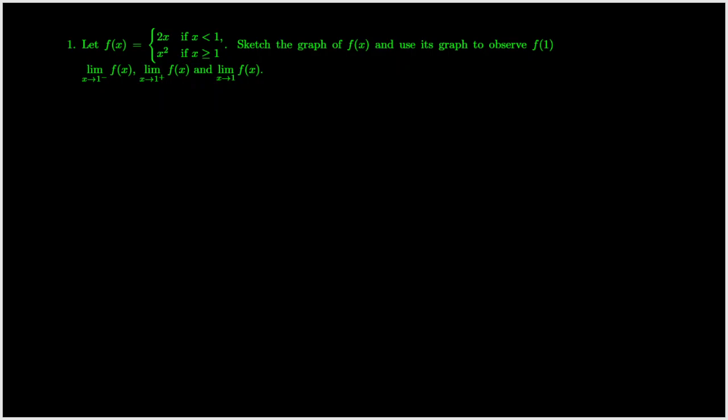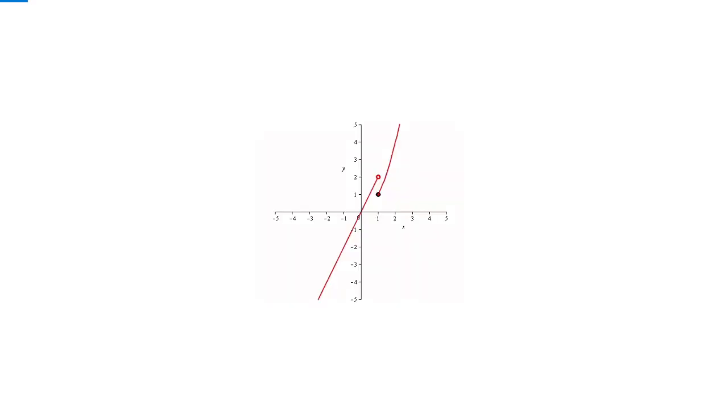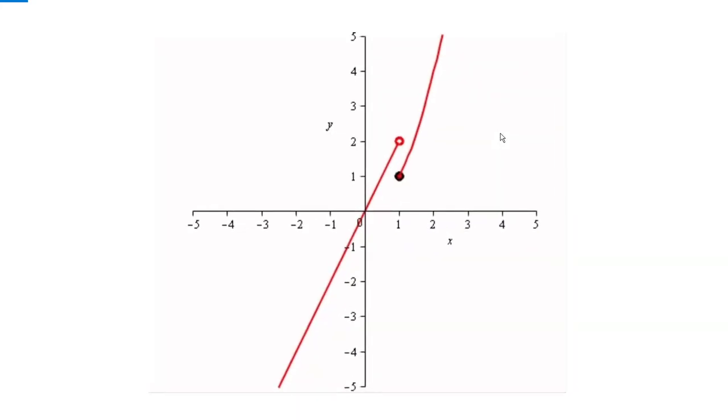I'm pretty sure I have the graph of the function somewhere. Okay, now look at the screen. On the screen, you have the graph of the function. For handout 1, we sketched the graph of the piecewise defined function.